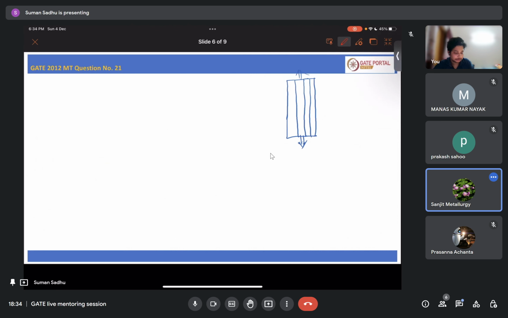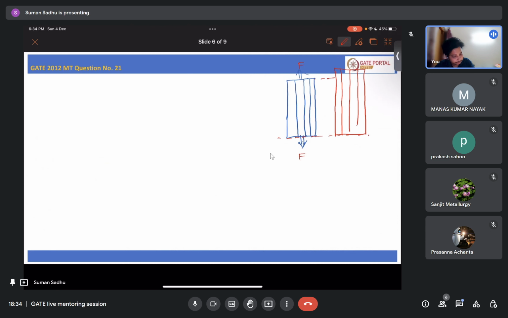Yes. So in this case, let's say you loaded it, and after loading it is deformed like this. So this is a delta L, right? The change in length will be the same for your matrix and for your fiber, because if it is not the same, then your fiber will get detached from the matrix.